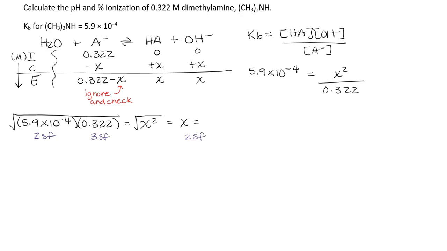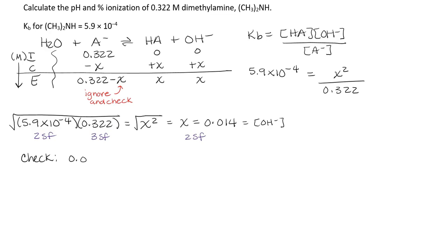And doing the math, we have 5.9 times 10 to the negative 4 times 0.322. Taking the square root and rounding to 2 sig figs gives us 0.014. And again, this is equal to hydroxide. We're going to check our assumption.